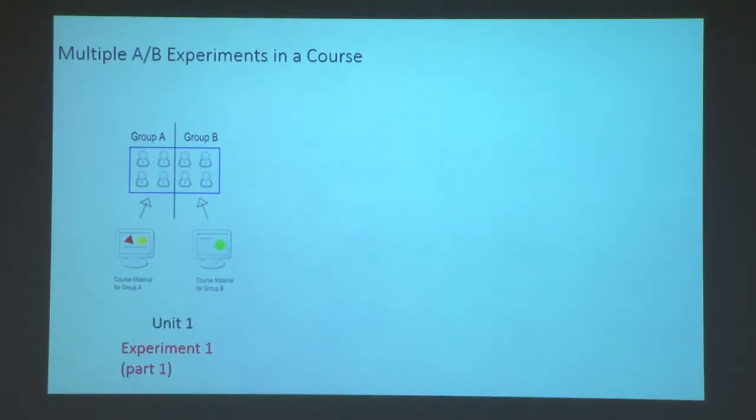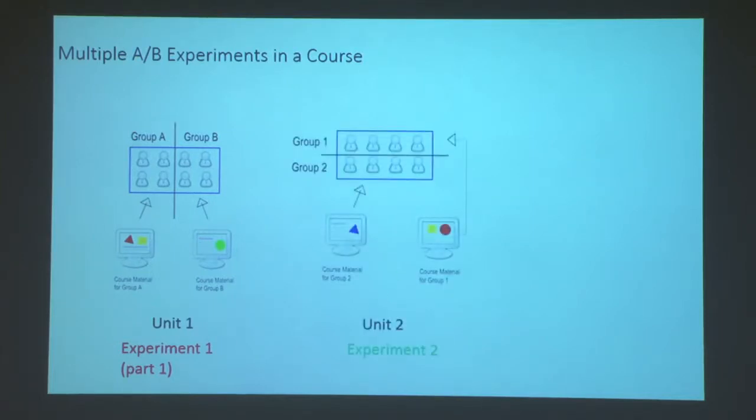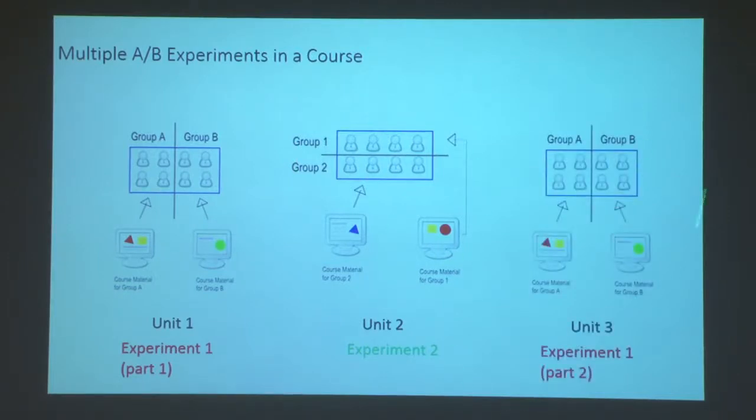And if experiment 1 has multiple parts, you can also remember your split. So if you run experiment 1 part 1, and experiment 2 in between, you can still remember what the first split is, and you can use the same split in a later unit.